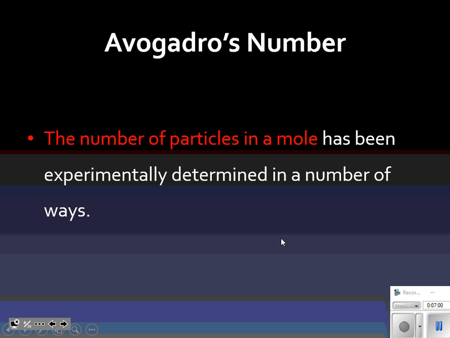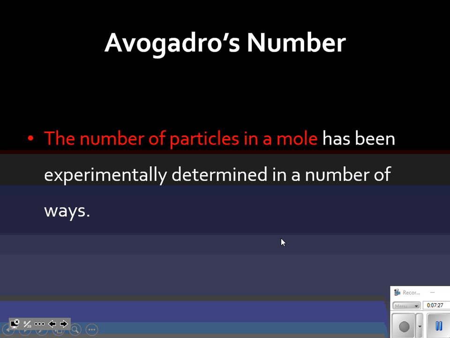That leads us, ladies and gentlemen, to Avogadro's number. Avogadro's number is the number of particles in a mole. It has been experimentally determined in a number of different ways. So, we have this mole. This mole has a specific number of particles in it.